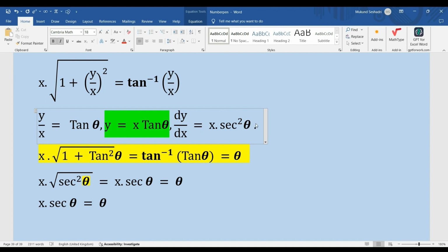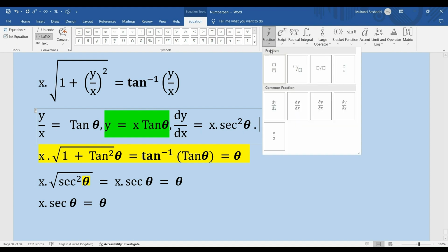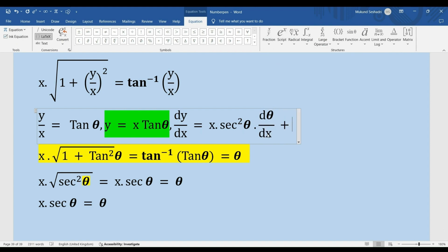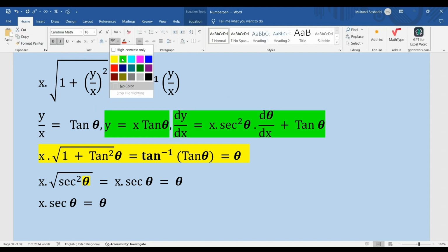So I have x times secant square theta d theta by dx, and then plus I retain the theta function, which means my tan theta remains as it is now. And then I differentiate x with respect to x, which is nothing but 1, right? So my dy by dx is nothing but x times secant square theta d theta by dx plus tan theta, right? And I'm going to highlight that in green as well.